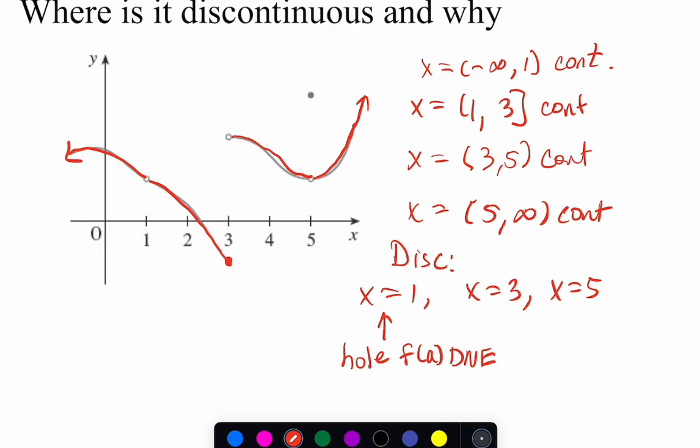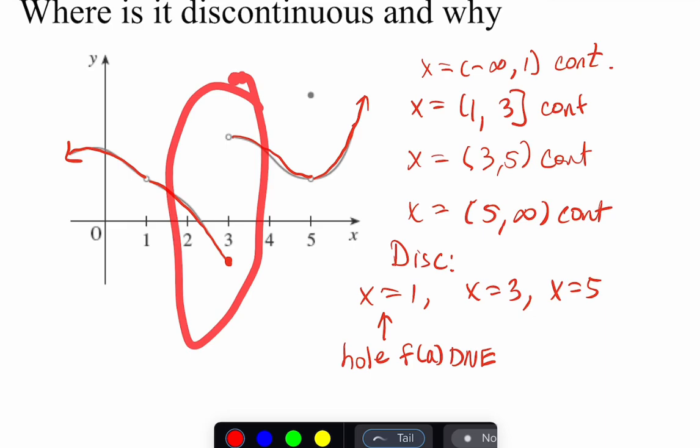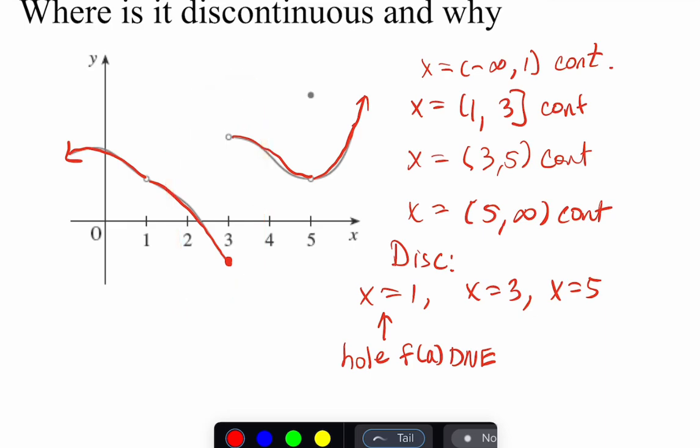That's the problem. F of a is undefined, okay? Now let's look at x equals 3. What do we call that when that happens? There's a jump in the graph. So we could say that the left side and right don't match. Okay, so that's a jump in the graph.